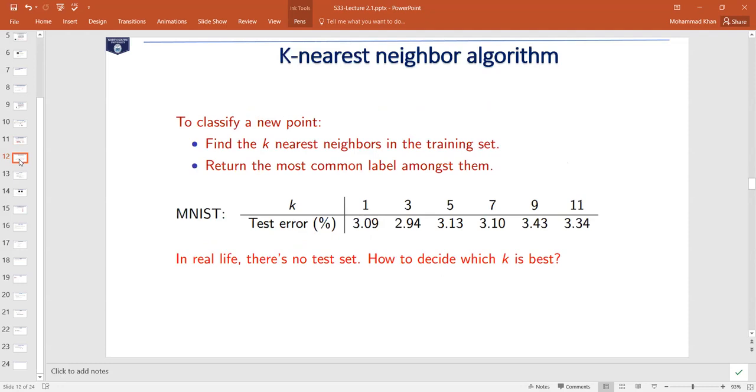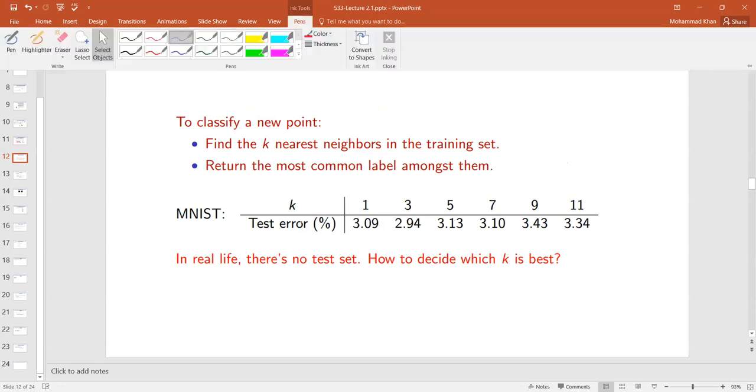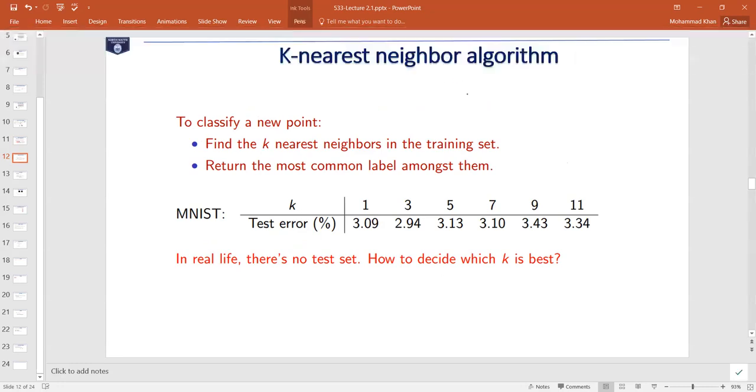Now, how can we improve the performance of the algorithm? The most intuitive and obvious way is to increase K in the nearest neighbor algorithm. K means with how many neighbors do you test? For example, if you use K equals 1, that means after we get the distance values, maybe 60,000, we sort all the distances and we take only the top distance.